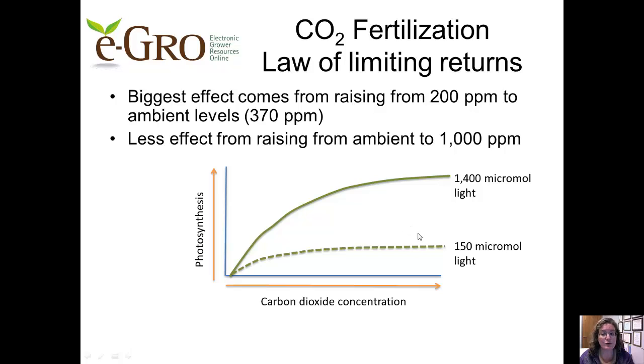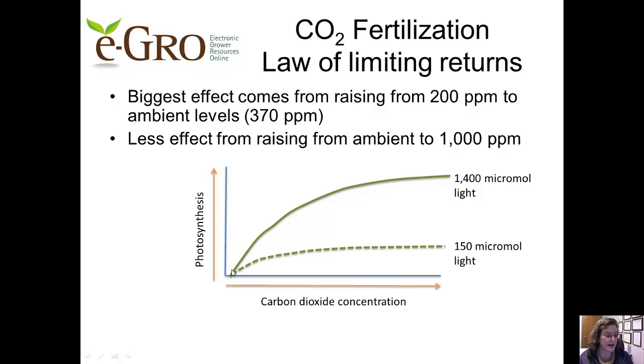And remember that you will only achieve benefit as long as no other input into photosynthesis is limiting, such as light. The two lines on this graph represent increasing light levels, where we have photosynthesis rates reaching saturation much sooner when light levels are low at only 150 micromoles per meter squared per second of light, compared to when light intensity is increased to 1,400 micromoles per meter squared per second.